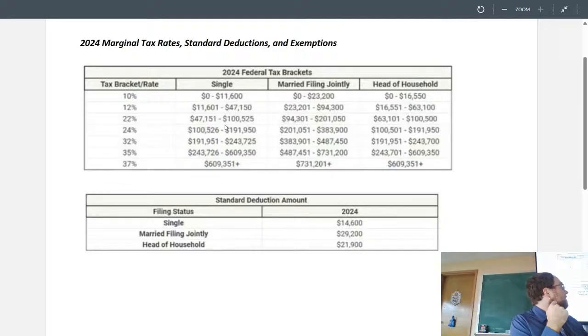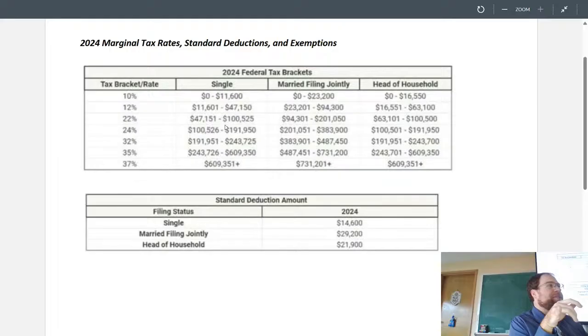Yep. Okay, go back to the table. Oh, you're in. Yeah, you're good. If it helps, the state, local, and FICA ones are just going to be those percentages. Yeah.